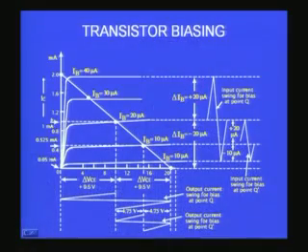Now, if I apply a variable voltage or the AC signal to the base of the transistor, then what is going to happen? Over this voltage which is required at the base to provide a current of 1 milliampere, I am superposing another alternating voltage.